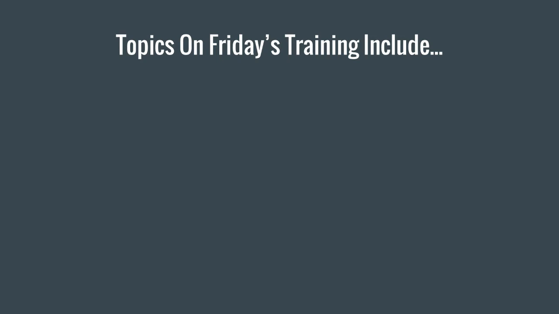Topics on Friday's training include, first of all, how to replace most common types of life insurance. I got this question from several people wondering how to replace basic insurance, such as other final expense plans or existing life insurance, the more exotic types of replacements that are a little bit more difficult.